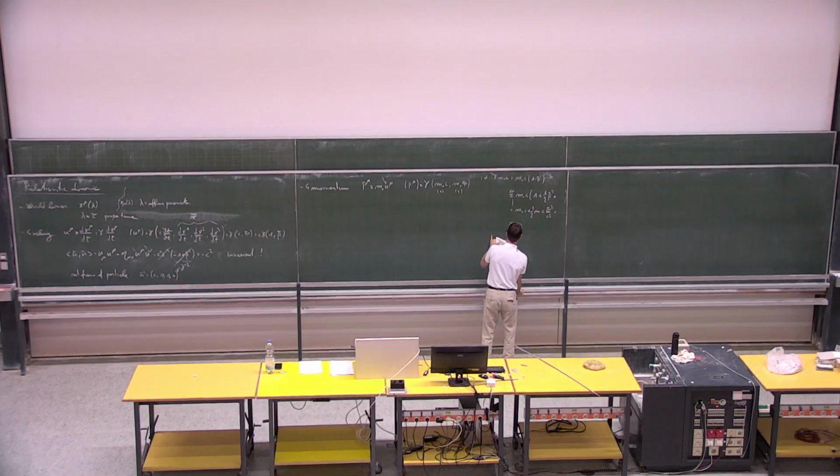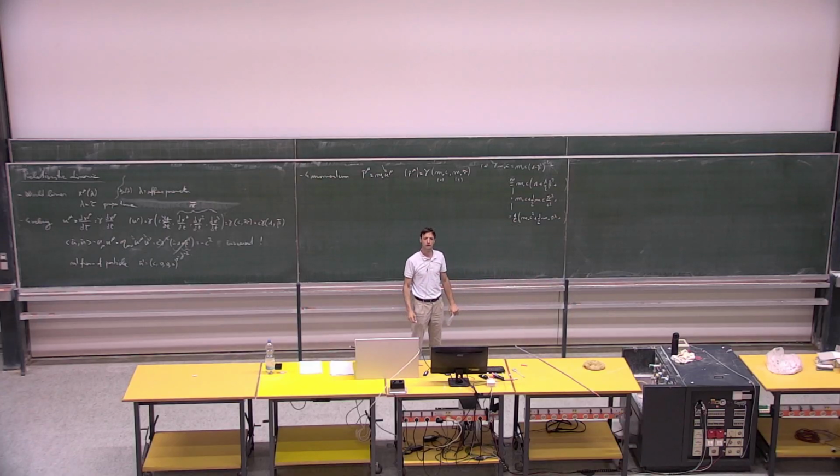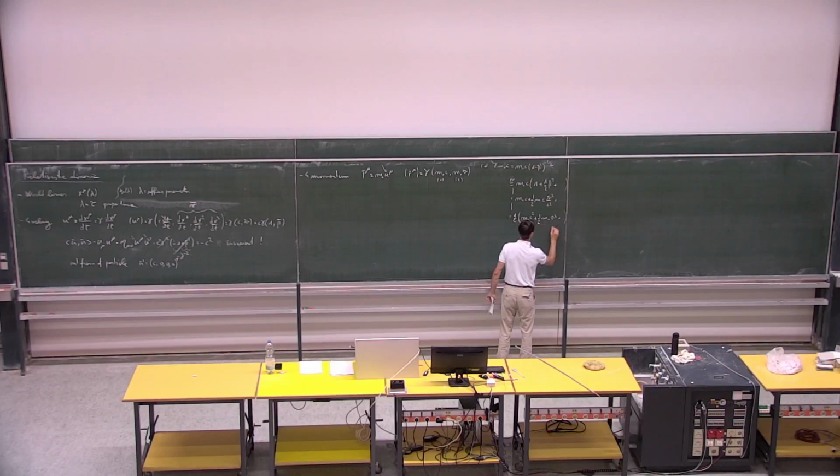Let's group 1 over c. I'm really going through all the steps. Plus 1/2 m0 v squared plus the other terms. Oh, now there is something familiar: 1/2 m v squared. That's kinetic energy.